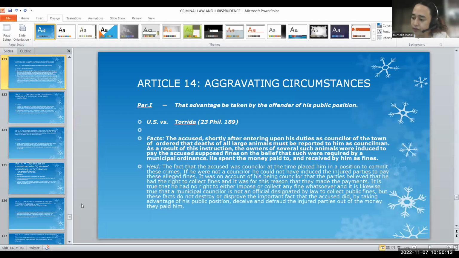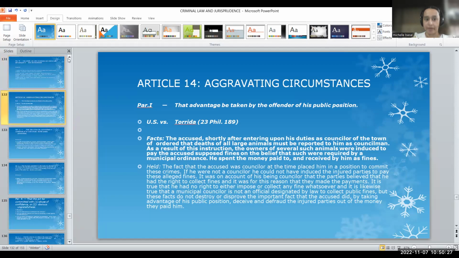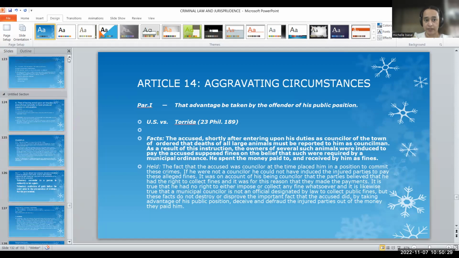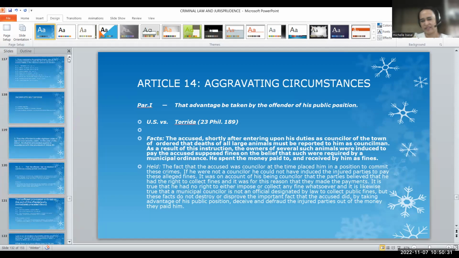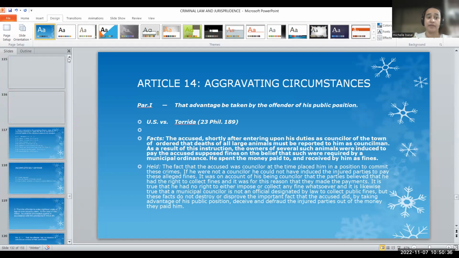I will now share my presentation. Okay, so we are now on Article 14 of the Revised Penal Code. We are nearing the end of the most important topics on the Revised Penal Code. The next topics would focus more on the penalties, where we can just summarize them.